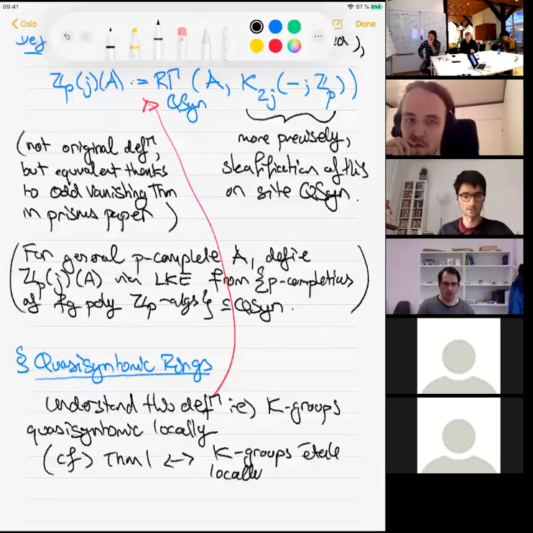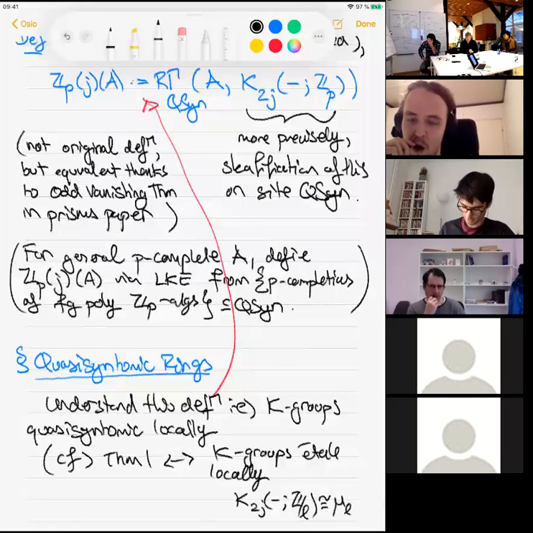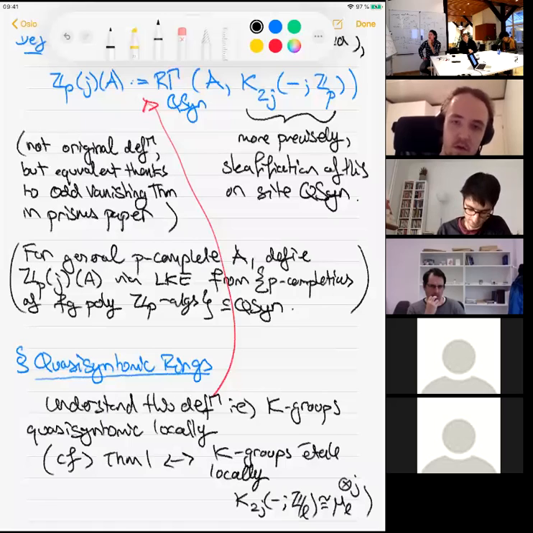And in particular, we had an explicit description that once you étale sheafify K groups away from the characteristic, you just get the usual Tate twists. And this is the sort of result that we're going to be aiming towards, but at the characteristic.